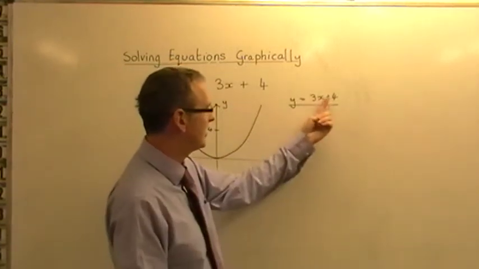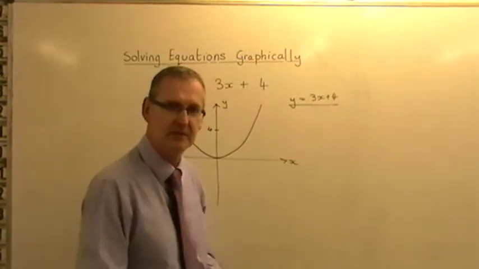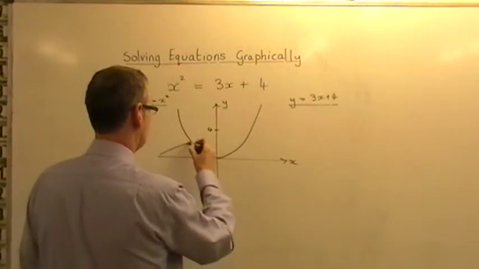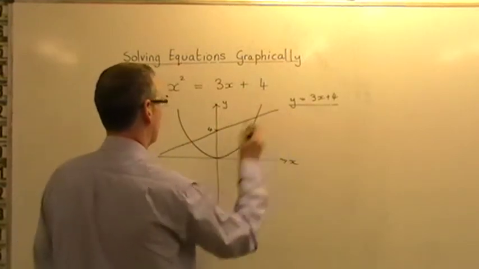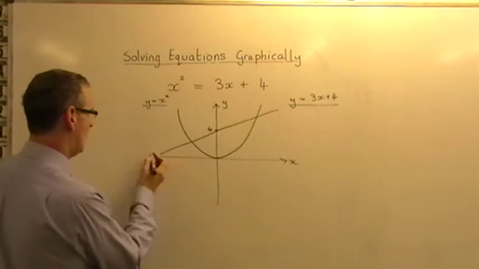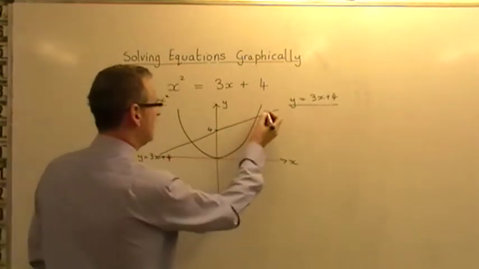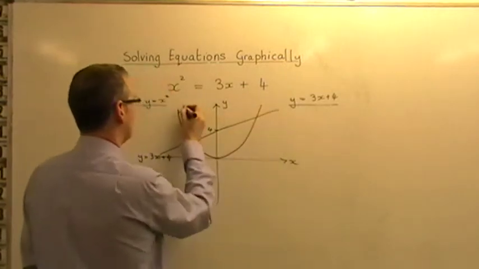I know that 3 in front of the x means a slope of positive 3, and so it would look something like that. So that is y equals 3x plus 4, and the original curve is y equals x squared.